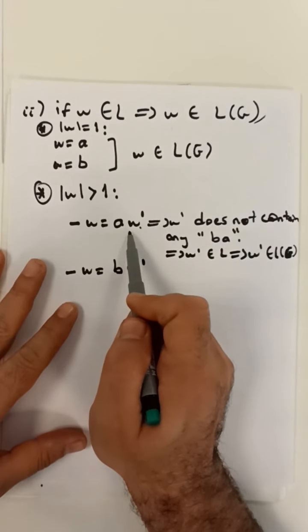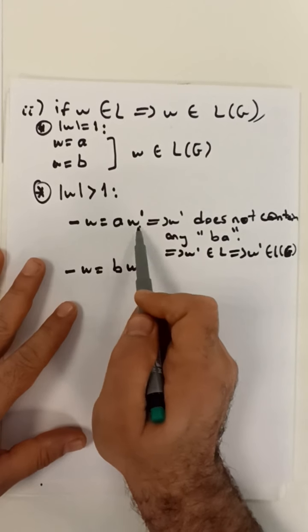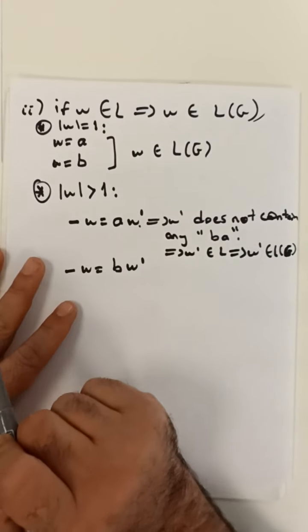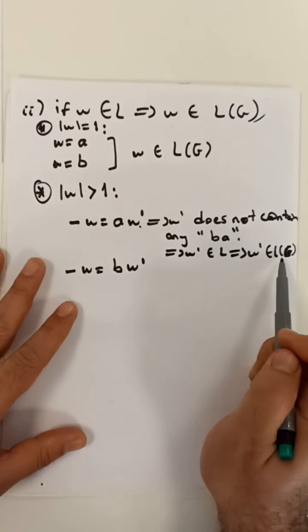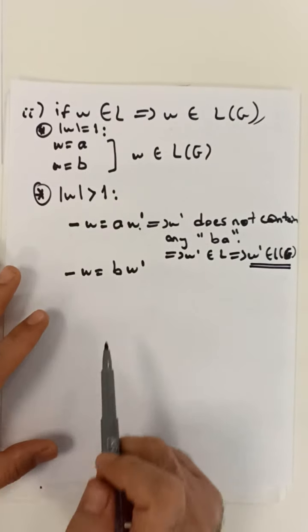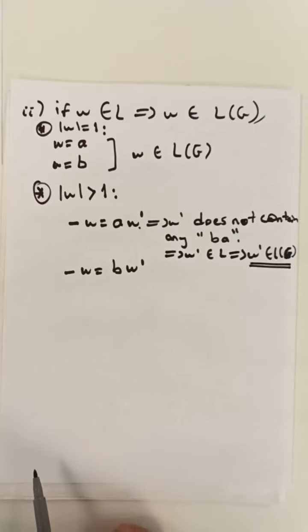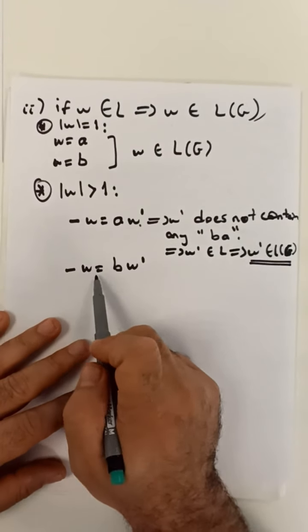W prime is generated by G by derivations from S. This means that this new string W is also generated by our grammar G. So this is true.